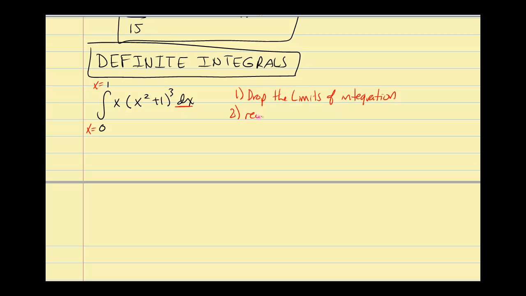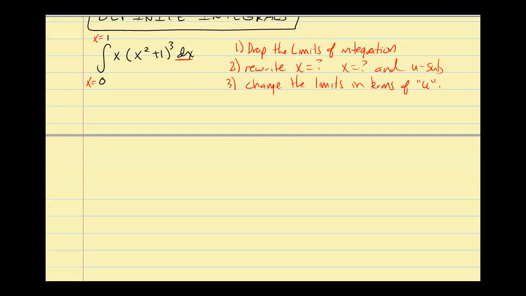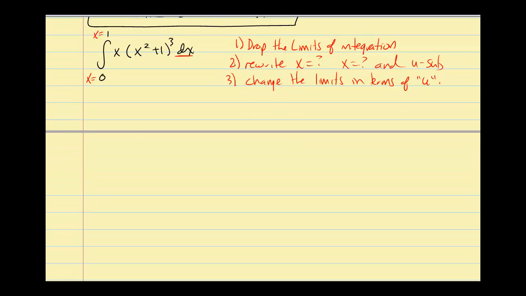I could rewrite using my x equals values and keep my U-sub. Or I could change the limits of integration in terms of my new variable u. So I have three things that I can do here.